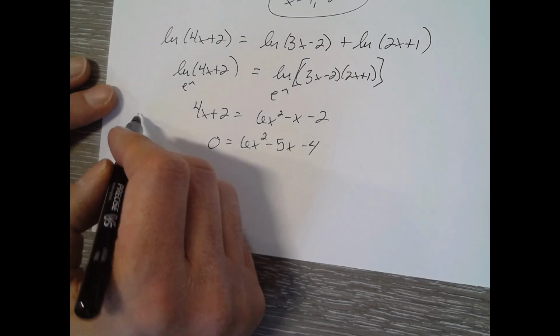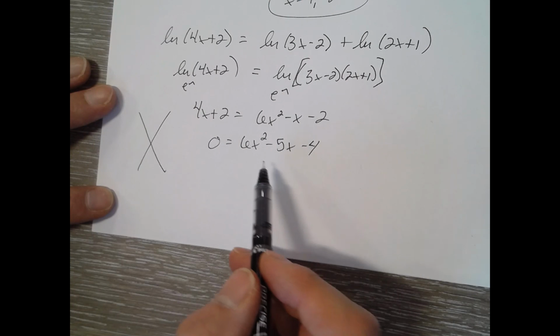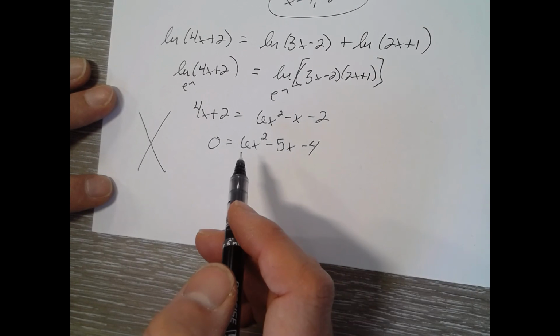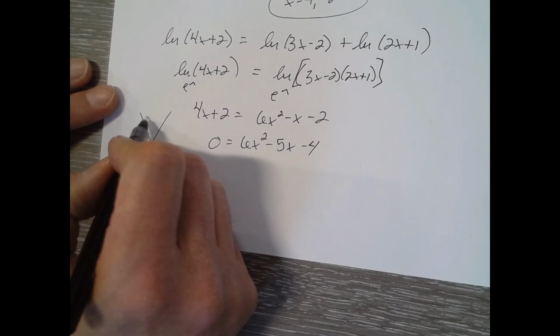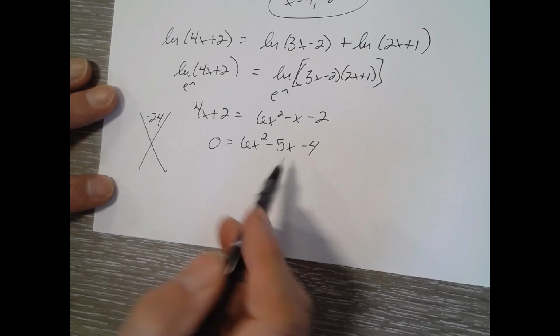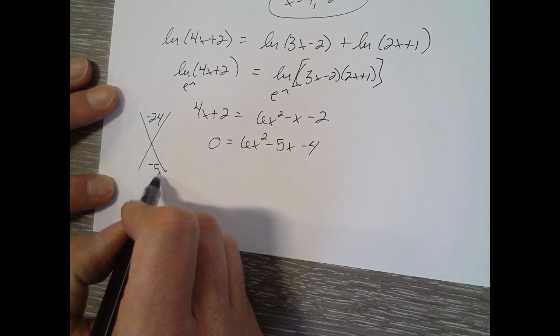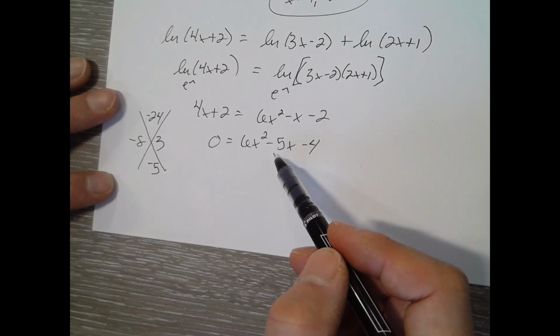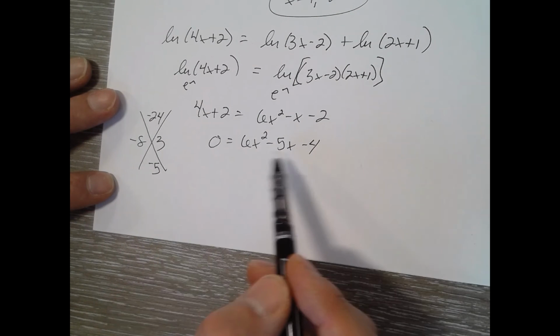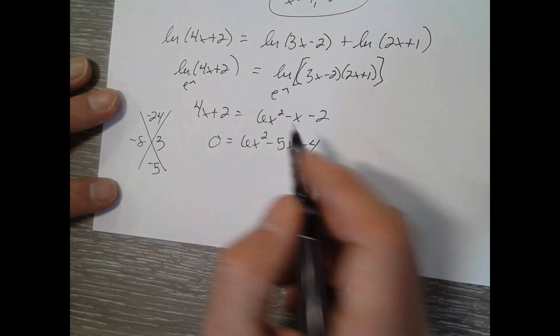And you could use the quadratic formula. You could complete the square if you want to bring that back. Easiest, I think, is probably to factor it. So multiply to be -24 and add to be -5: -8 and 3. So the -5x is written as -8x plus 3x.